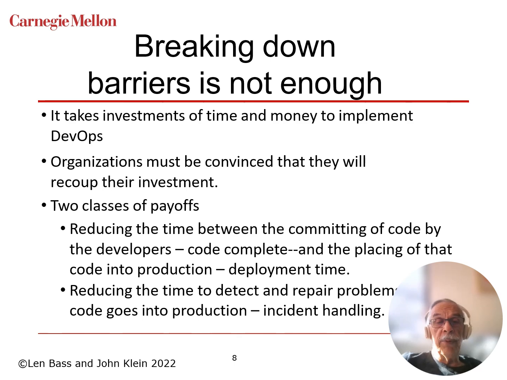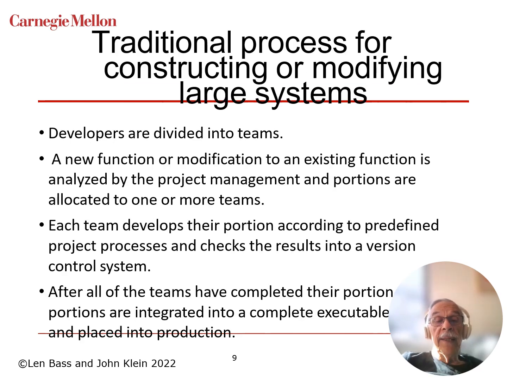Let's see the problems that caused the rise of DevOps. This is the traditional process for constructing or modifying large systems. Developers are divided into teams. A new function or modification to an existing function is decided, probably by the board if it's a big one.